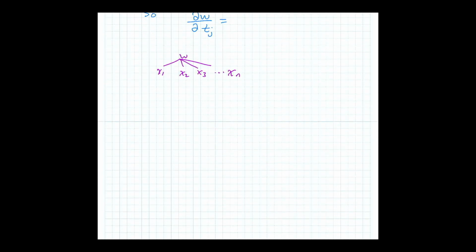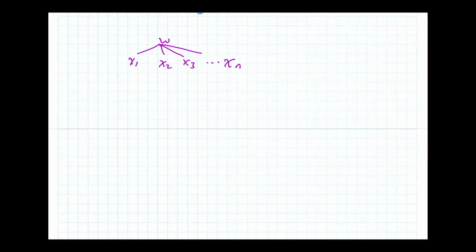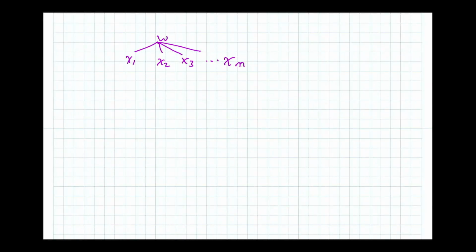And then each of the x's is a function of t's, in different t's. So this goes t1, t2, dot, dot, dot, tn, and that same thing is for all of these.